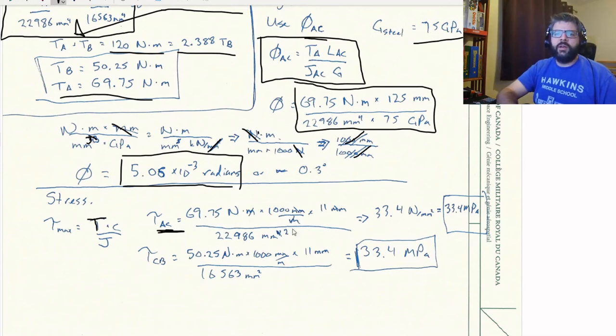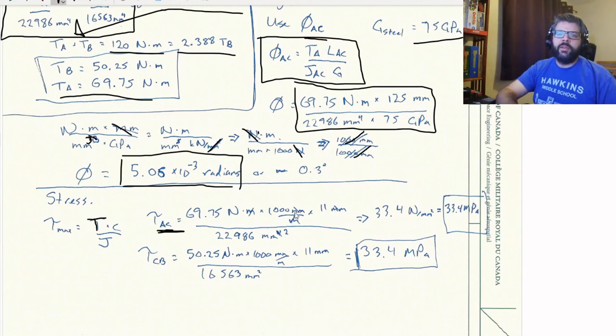And then I just subbed in 1,000 millimeters per meter, so I could cancel out the meters and put things in terms of millimeters, because I got a bunch of millimeters down here and I didn't want to worry about it. And then 11 millimeters here as well.